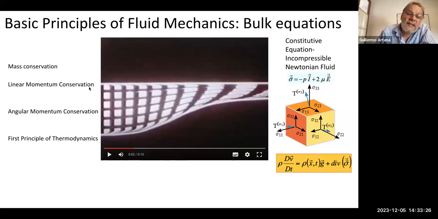The other aspect is that we apply linear momentum conservation, and this means that you can link the acceleration of each fluid particle to the divergence of the stress tensor, in which you have a part that depends on pressure and a part that depends on the deformation tensor, and this is the viscosity. But this equation applies only to Newtonian fluids.